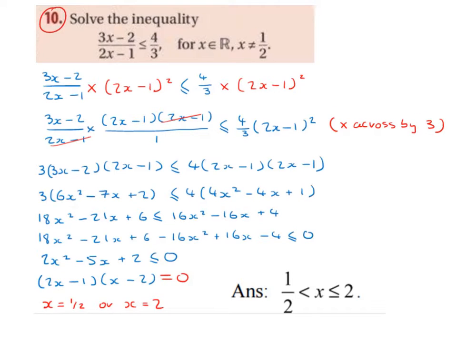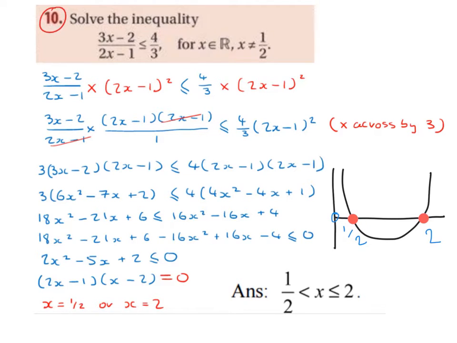Now I'm going to draw out my quadratic curve, just a rough sketch. We have a U-shaped curve, and it crosses the x-axis at a half and 2. 0 is outside of our roots.